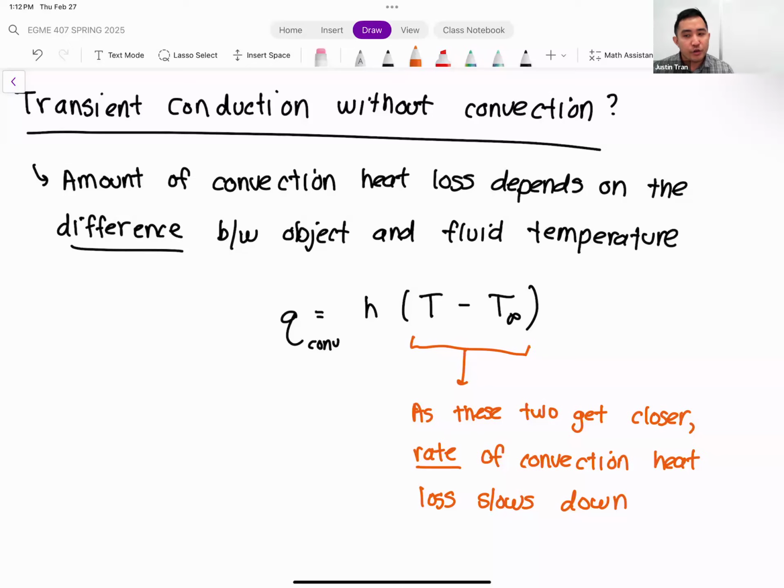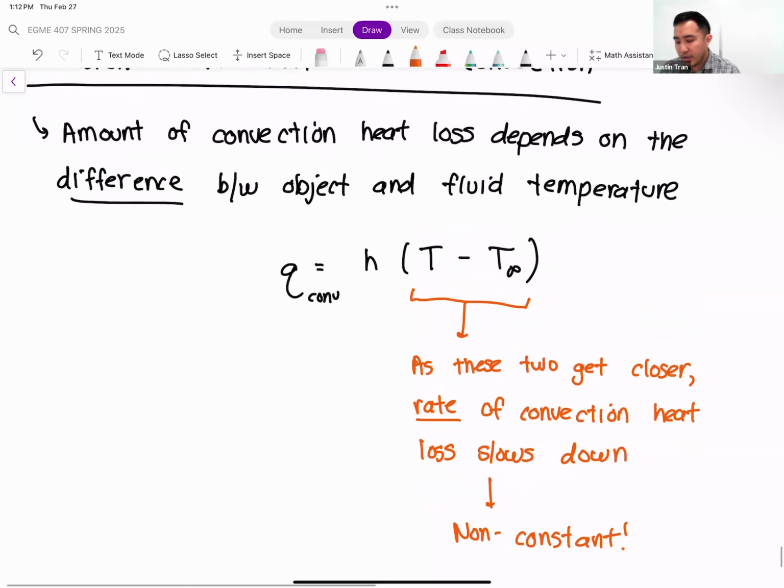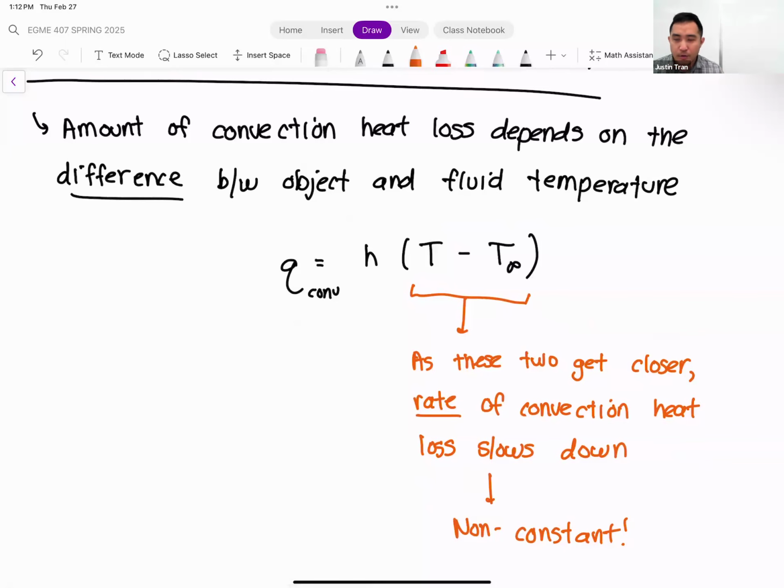And so in other words, with convection, you don't have a constant rate of heat loss. It changes.